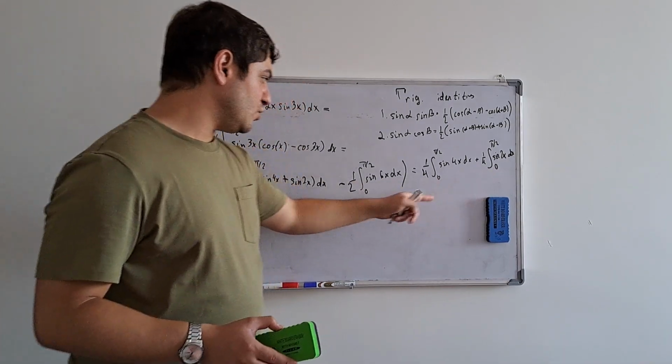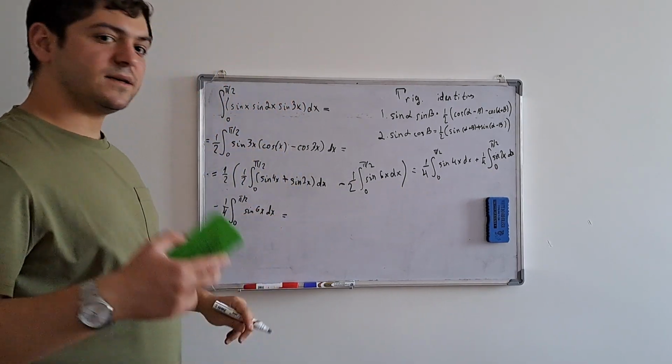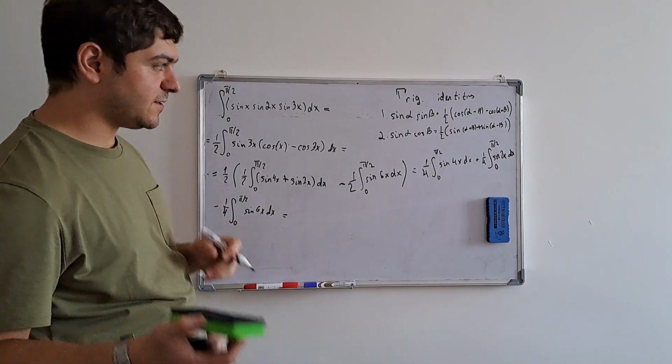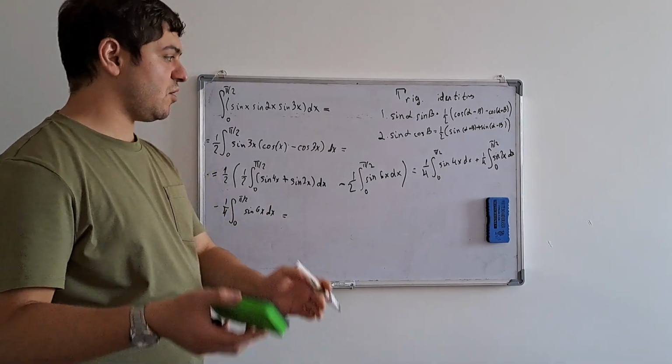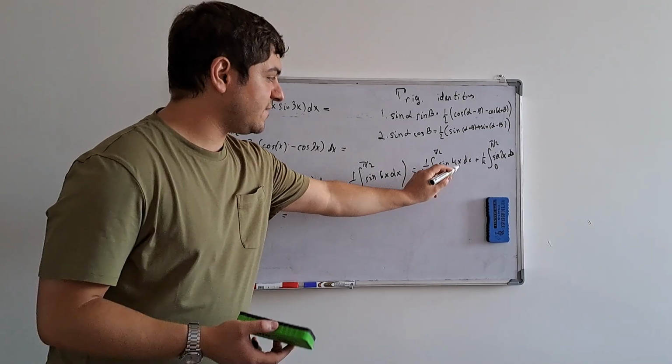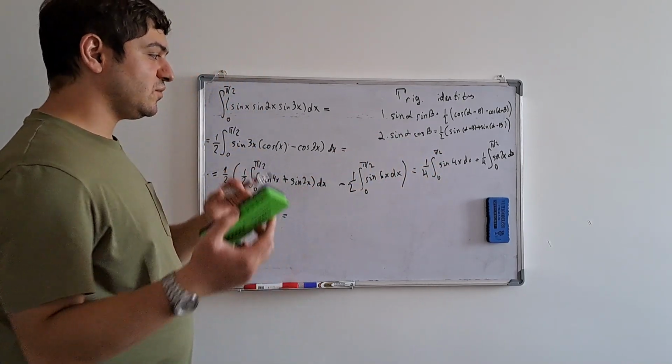Now what I have to do is simply conduct a u substitution here. I will have a separate video on how I do it, so if you don't know it yet, don't worry.